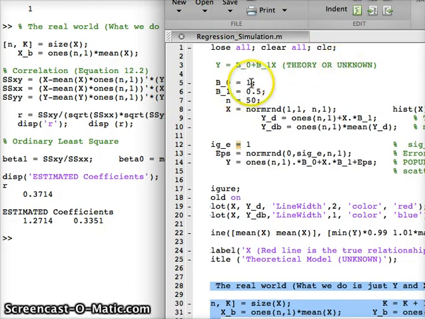In the real world we don't know these two parameters, but now when we do the simulation, we know we gave the values 1 and 0.5, and then based on these equations, the estimated coefficients are 1.27 and 0.33. But actually, this is not really a bad result if I consider there are only 50 observations in the x and the y.